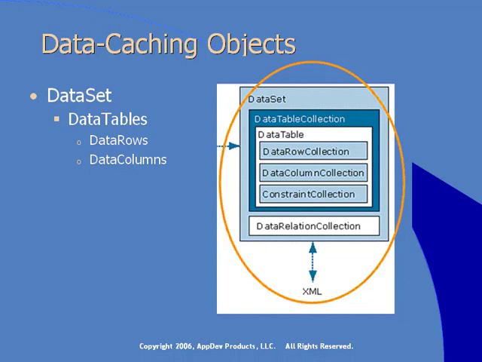And also, the data tables have a set of constraints, like unique constraints and foreign key constraints that apply to those tables. In addition to data tables, the data set contains a collection of data relations. And although you can have foreign key constraints for a data table, that's actually separate in ADO.NET from having data relations.